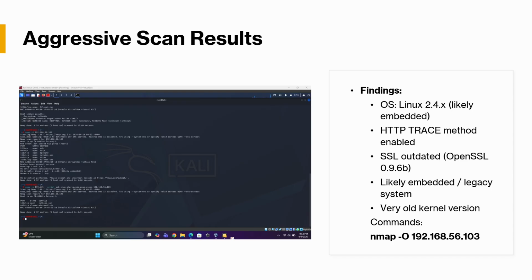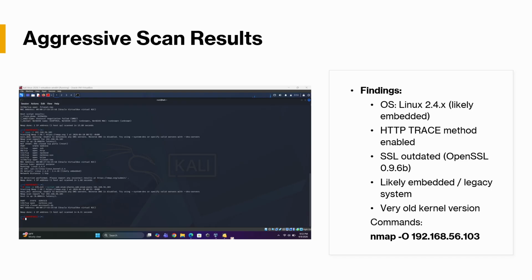We continued our aggressive scans with OS detection, and this revealed that the system is running a Linux 2.4.x kernel, which is extremely outdated. This is significant because Linux 2.4 reached end of life many years ago and is known to contain multiple vulnerabilities such as privilege escalation and buffer overflow exploits.